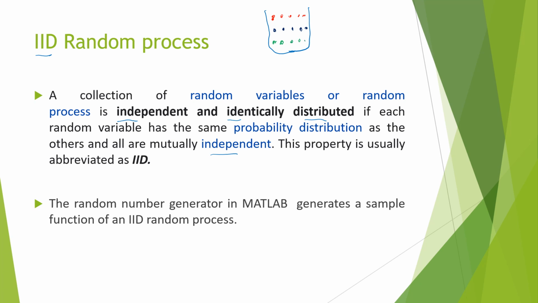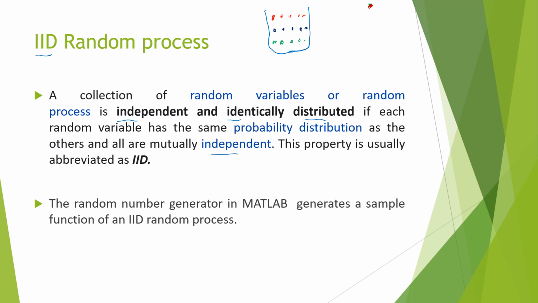Now as experiment 1, you randomly pick up one ball from this basket. Suppose that happens to be a red ball, keep it aside. It has some probability. Now as experiment 2, again I randomly pick up one ball from this.